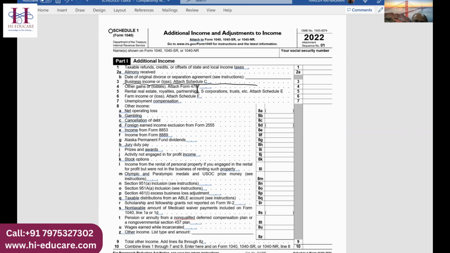The K-1 you get from the partnership firm and the S corporation provides the details of your share of income. The partnership firm prepares the return with total income, and then issues individual K-1 forms to each individual client. So partnership and S corporation income, the individual share, is reported through Schedule E.